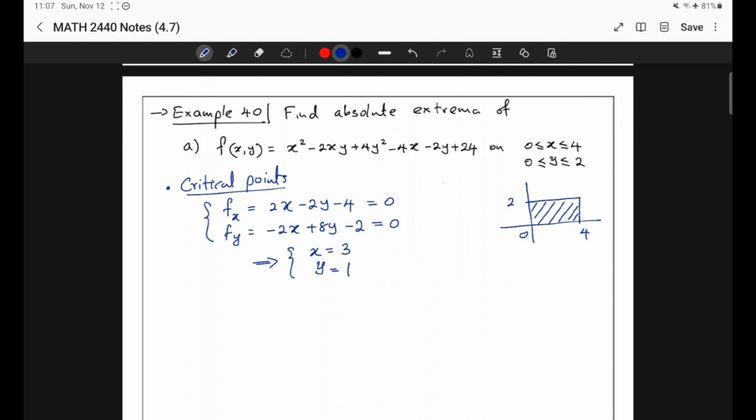So the critical point is (3, 1), and you need to check whether it is in the region we are interested in. Yes, (3, 1) is somewhere here, so it is in the region. That is a point that we are interested in. So let's find the function value at (3, 1). (3, 1) is the only critical point, and the function value at that point is, you plug x equals 3, y equals 1, you should get 17.